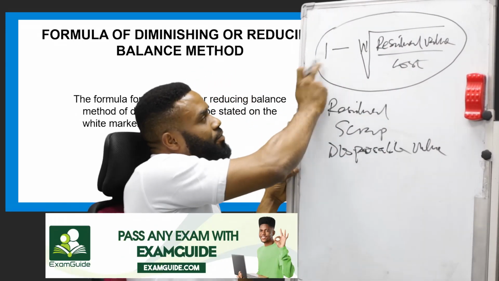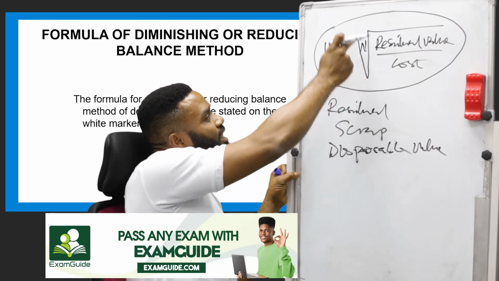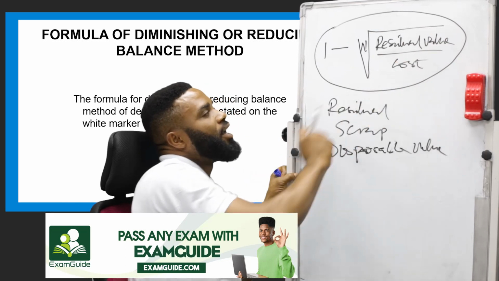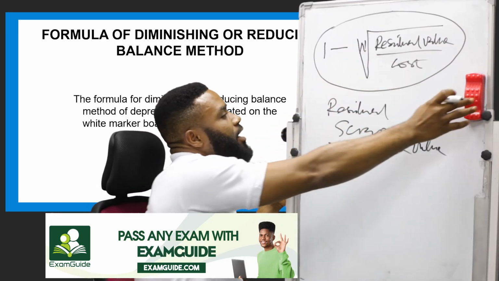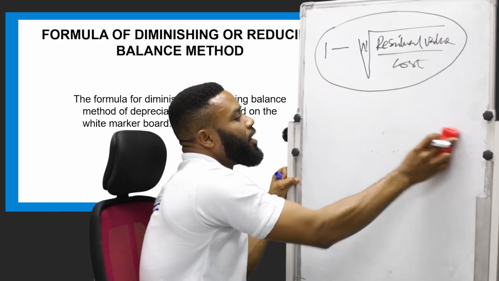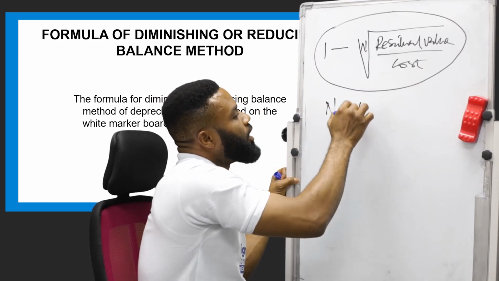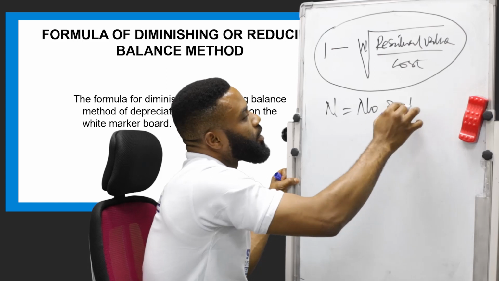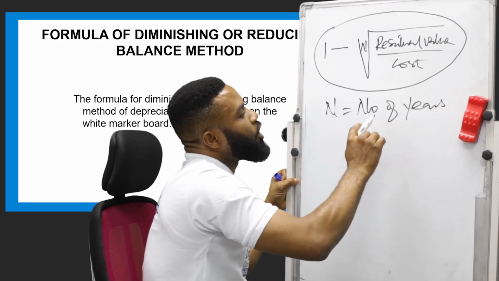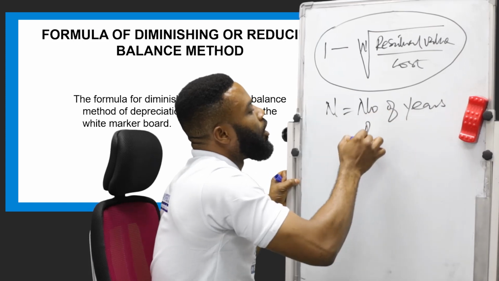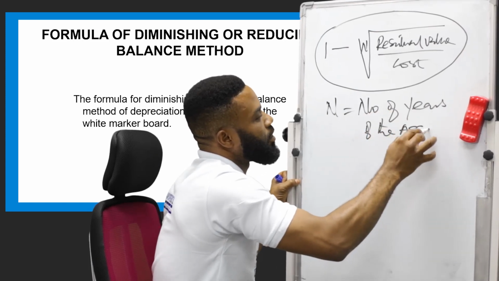The formula you will use to determine the depreciation is what I have written on the board now. It is 1 minus the nth root of residual value all over the cost, where n is equal to the number of years. N is equal to what? The number of years, or what we call the useful life of the asset.